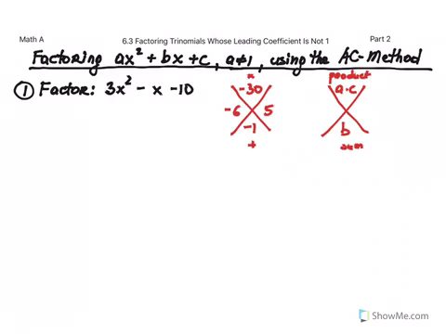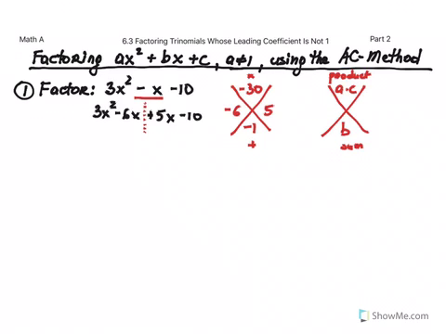Now we're going to use these two numbers to rewrite the middle term of the original expression. Please note that negative 6x plus positive 5x is equivalent to the original negative 1x. Now that we have four terms, we're going to apply a grouping method of factoring.